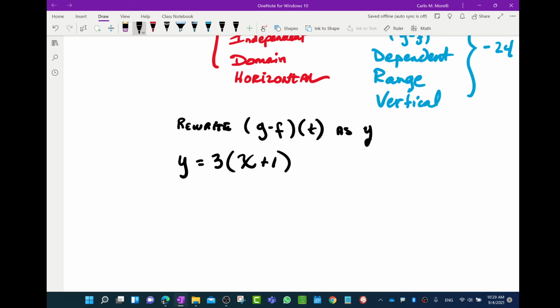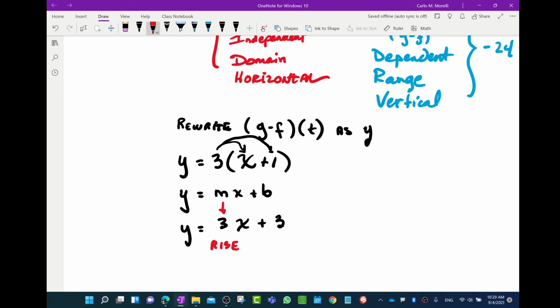Well, now, if you wanted to write this in slope-intercept form, it becomes obvious. You would just redistribute the 3, and you'd have in slope-intercept form y equals mx plus b, where m is the slope and b is the y-intercept. You would have y equals 3x plus 3, which tells you that the slope is 3.